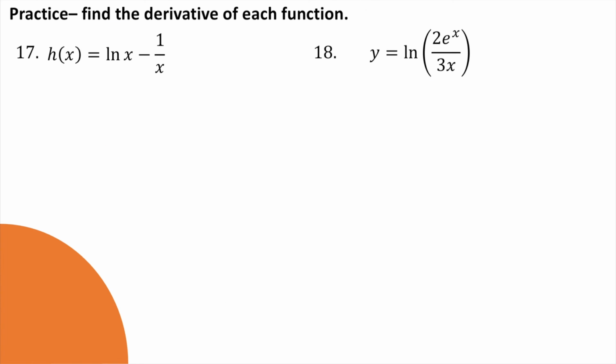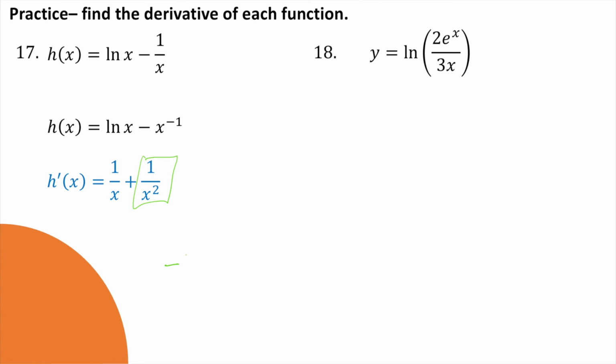Ln of x minus 1 over x. That's confusing because 1 over x is the derivative of ln of x. But they're two separate functions, so we need to deal with them separately. So let's rewrite that. We've got ln x minus x to the negative 1. The derivative of that is 1 over x plus 1 over x squared. Again, where did this 1 over x squared come from?